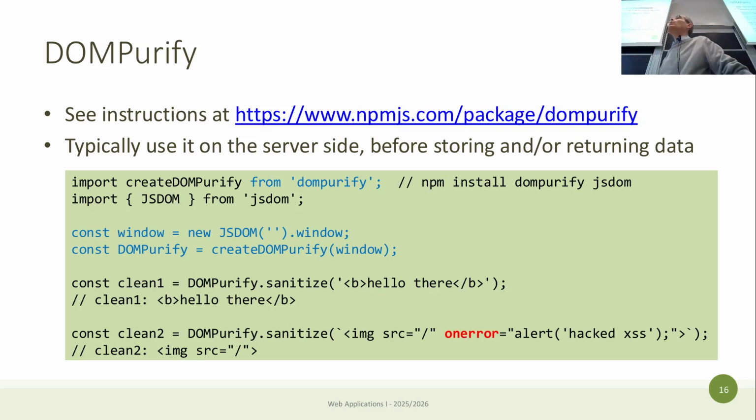Because it's deemed to be unsafe, because typically onerror contains JavaScript code, event handlers, and so it cannot be considered safe in any case, okay? This is just taken from the example that we are going to see in the second part of the lecture. The src of an img is just an image link.